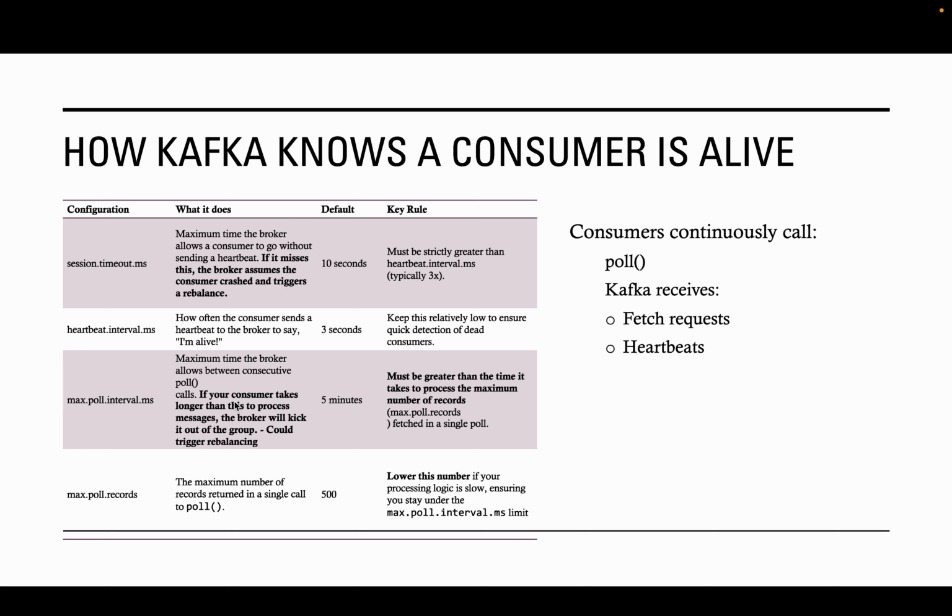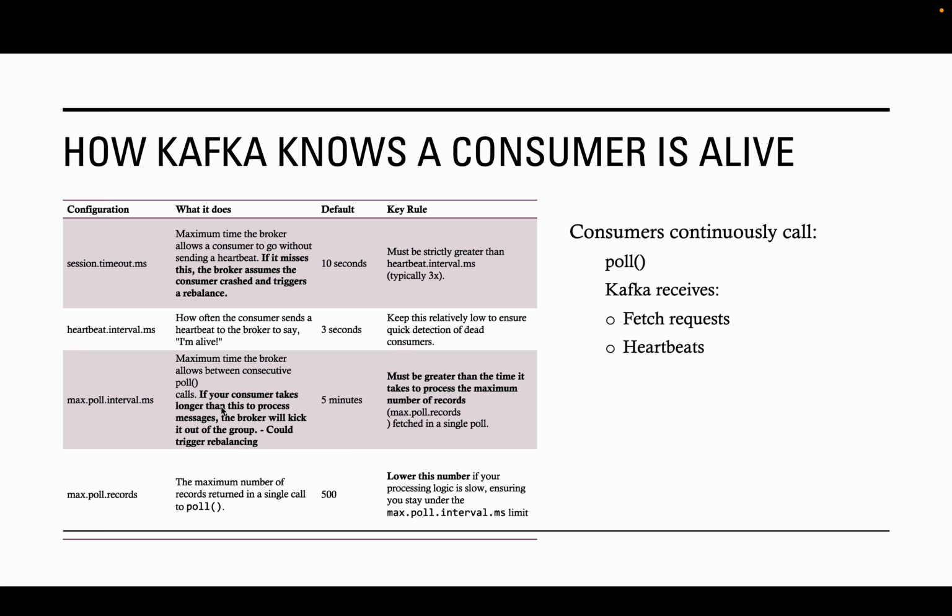Now another scenario: the Kafka consumer will poll the Kafka broker periodically to get messages. Now the maximum time the broker allows between consecutive polls, right? That's the max poll interval.